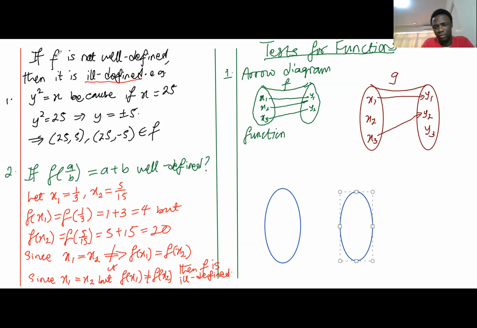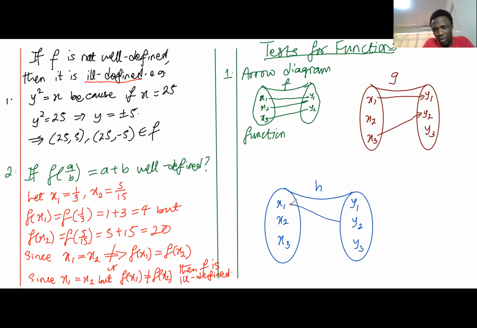For this function, I call it h. Or for this relation, it is a relation. It may not be a function. Okay? So for this relation, I have x1, x2, x3, y1, y2, y3.